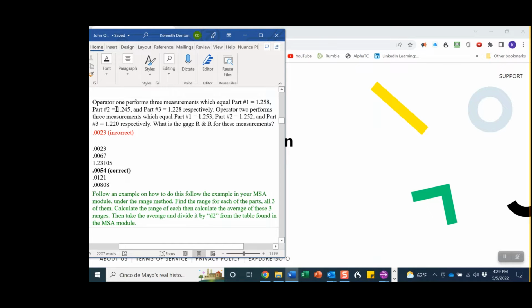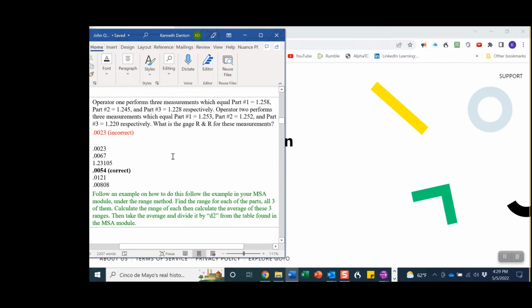Operator one, part number two is 1.245. Yes, sorry. And what did operator two measure part number two to be? 1.252. Okay. And part number three, operator one: 1.228. Okay. And what did operator two measure that at? 1.220.